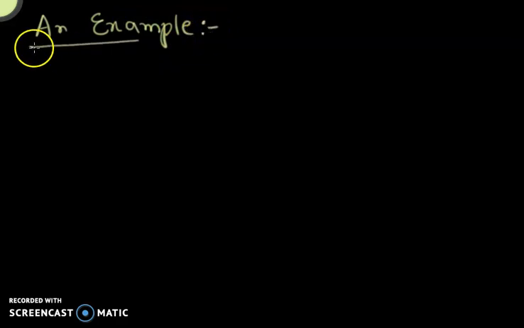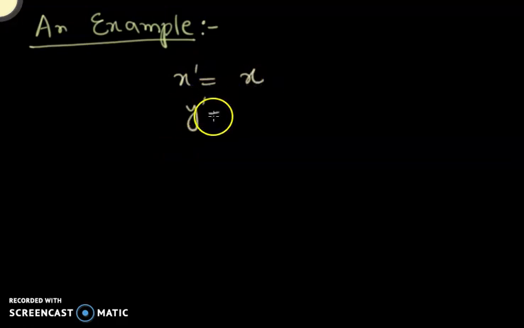For motivation, we will take an example and see how the solution looks. I'll consider this example where x prime is x and y prime is 2y.